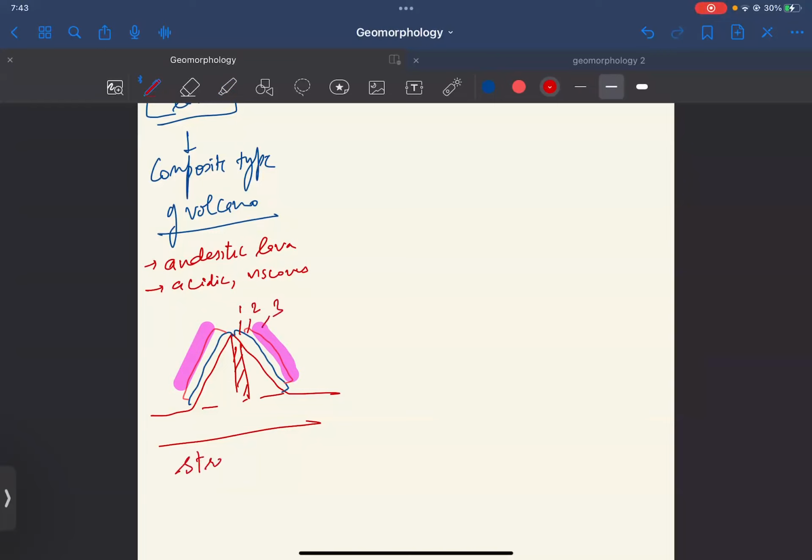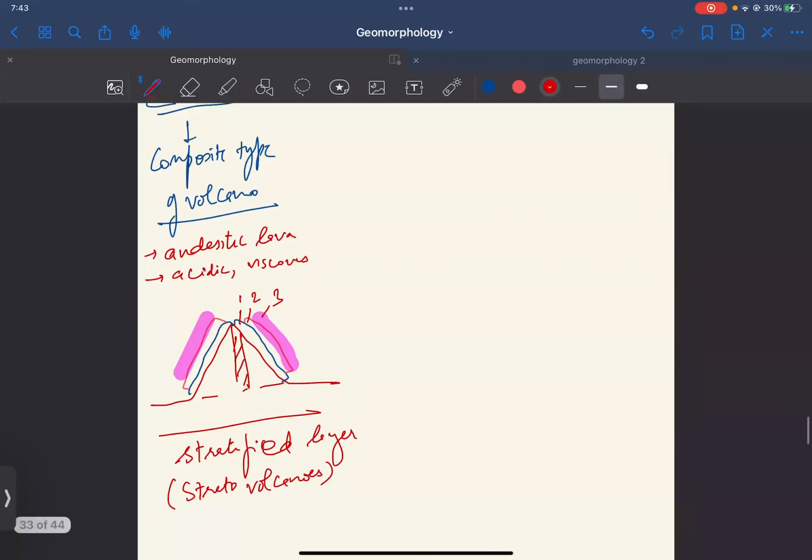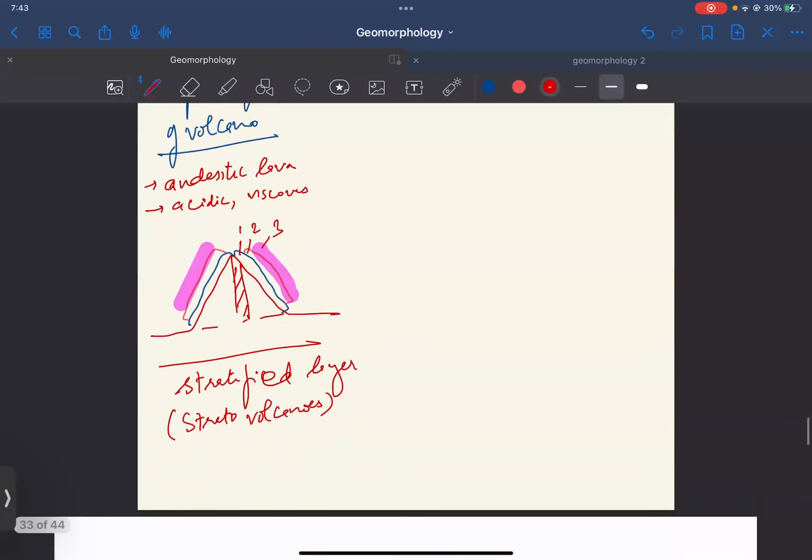So stratified layers are formed. Right? They are also known as stratovolcanoes. ये ध्यान रखना. इसके examples, and usually these are what? These are the highest, जो high mountains हमें मिलते हैं वो यही होते हैं, highest mountains.